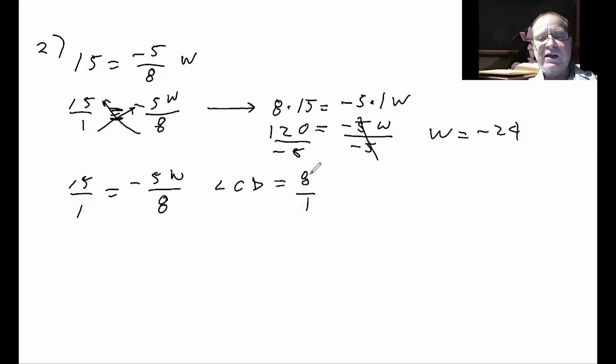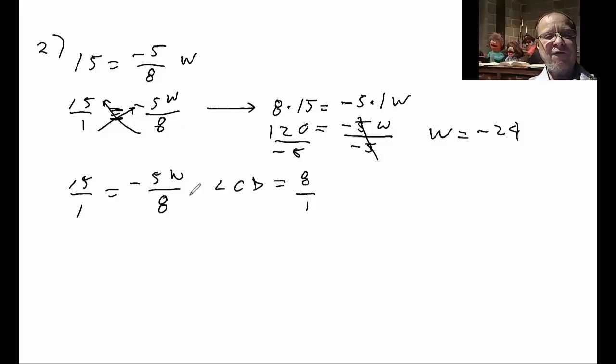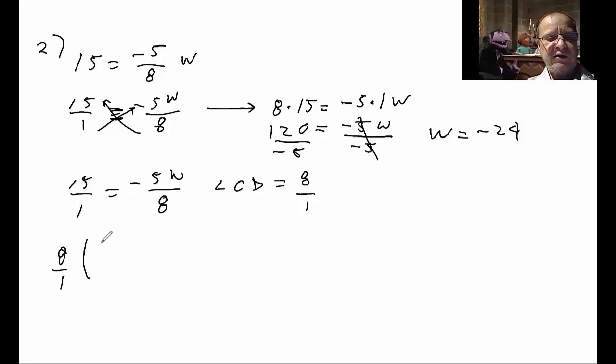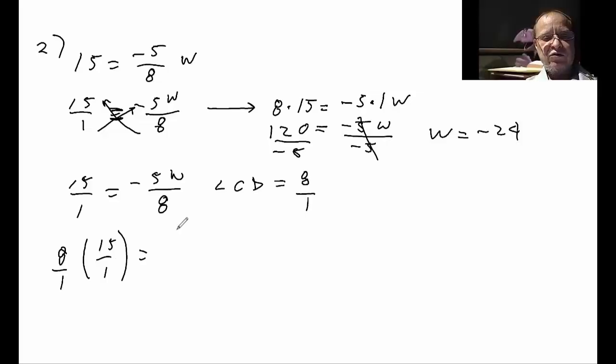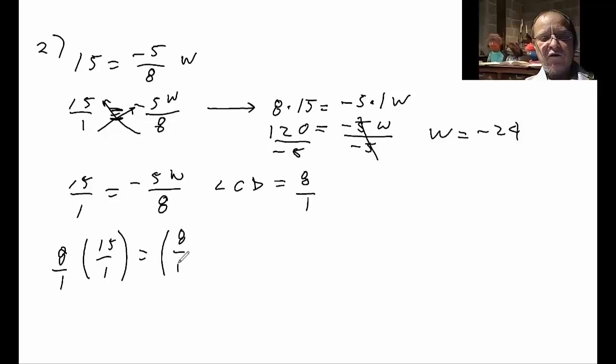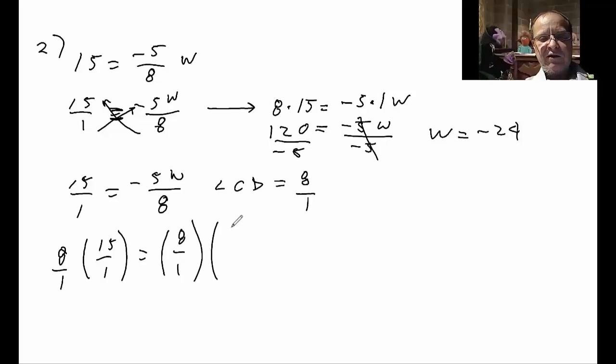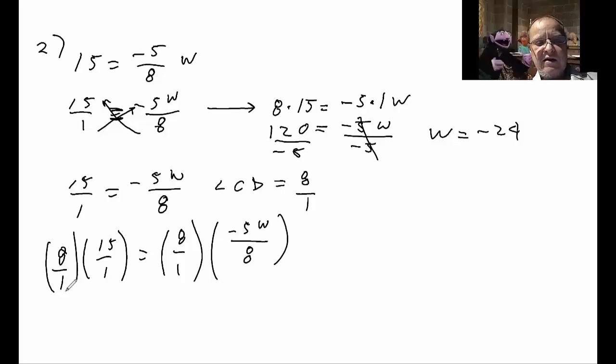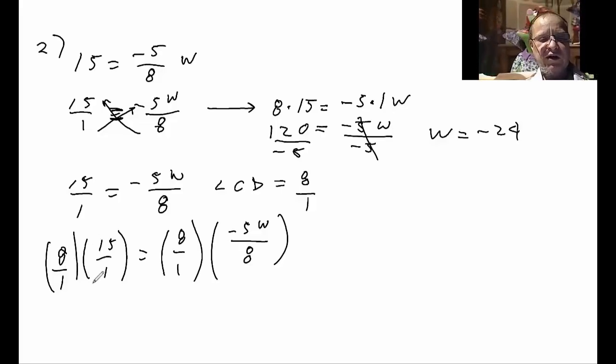So now I take this 8 over 1 and I multiply it through by everything. So I have 8 over 1 times 15 over 1 is equal to 8 over 1 times negative 5w over 8. Both of these are over 1, so 1 times 1 is no canceling.